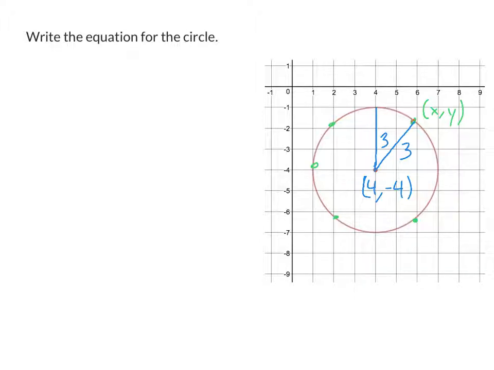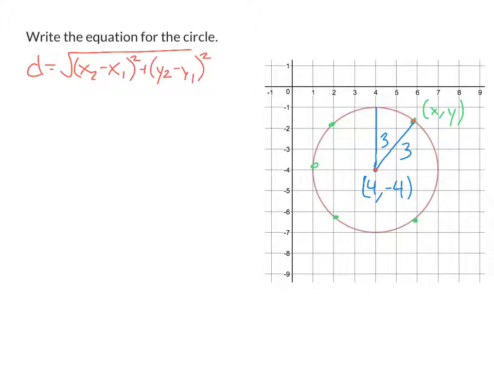So knowing what we know, what we can do to help ourselves write the equation is use the distance formula. If you remember, d, the distance, is equal to the big square root of (x2 minus x1) quantity squared plus (y2 minus y1) quantity squared.